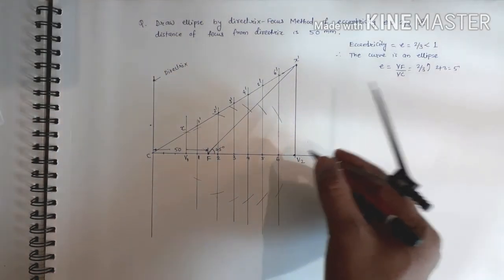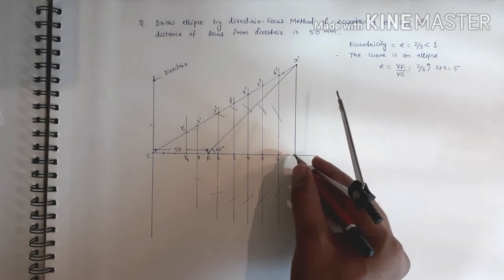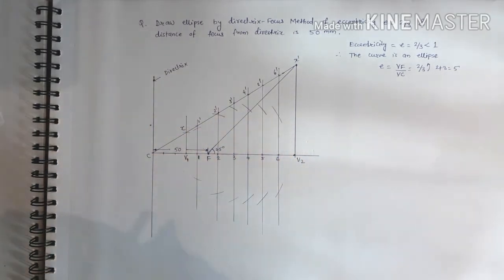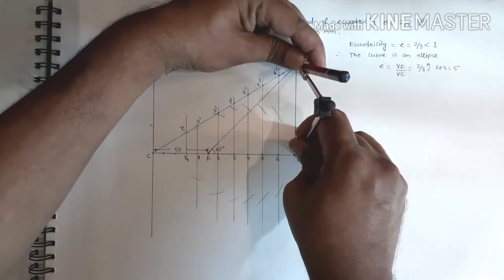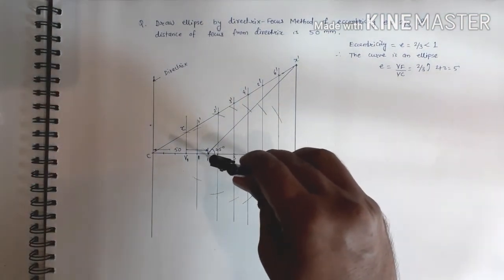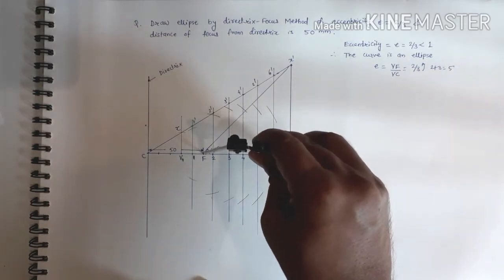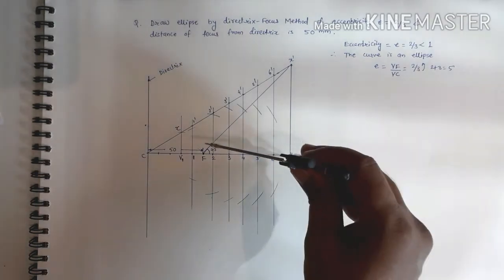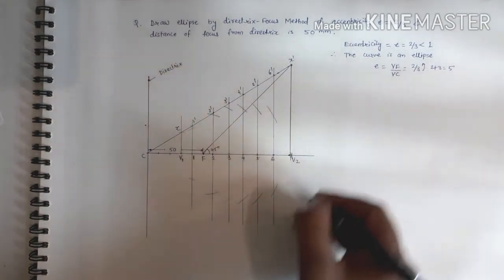Now what will be the extreme right point of the major axis? Now if we take the V2 x dash distance in compass and put at focus point, we are getting the same point. Okay, so this last point we are getting here. So these are the points on the ellipse.